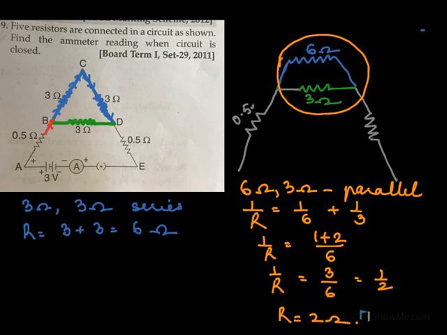So here we know this is 0.5 ohms, this is 0.5 ohms, and the resultant of this has worked out as 2 ohms. So we'll draw the circuit diagram again. For this circuit diagram now, this becomes 0.5 ohms, 0.5 ohms, and we calculated this one already as 2 ohms.